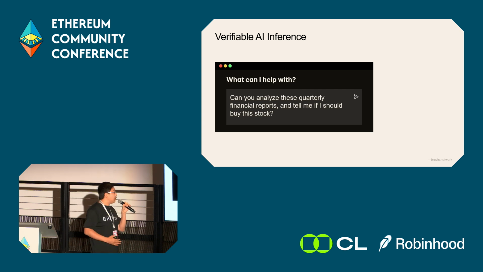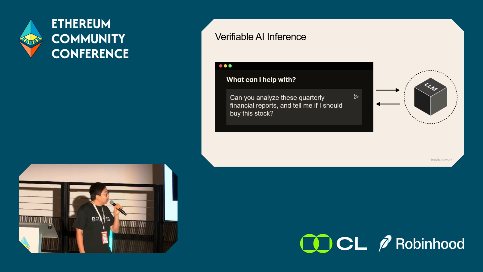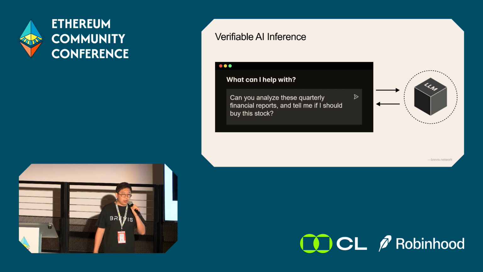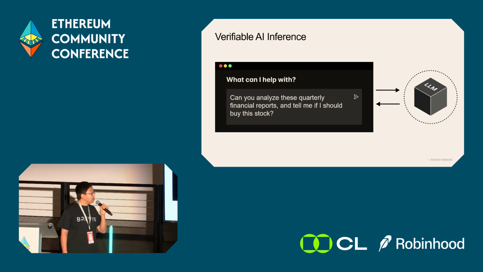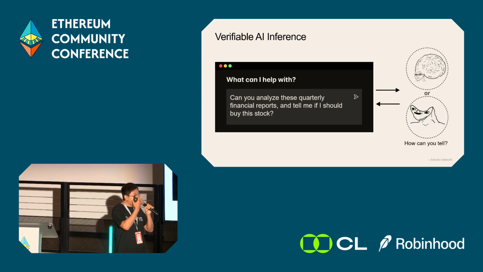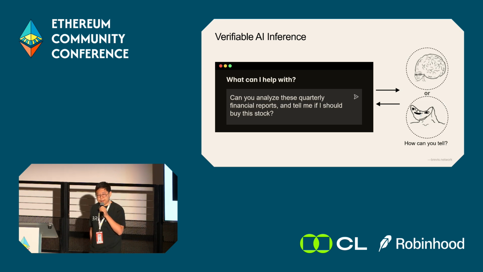So today, let's say you're interacting with the AI black box and saying, can you analyze this quarterly financial report and tell me if I should buy the stock? It's the large language model today, and in the future, especially when it is becoming decentralized, is really just a black box for you. You input something and it spits something out. How can you tell if you're interacting with a very intelligent model or something that is quite poor?